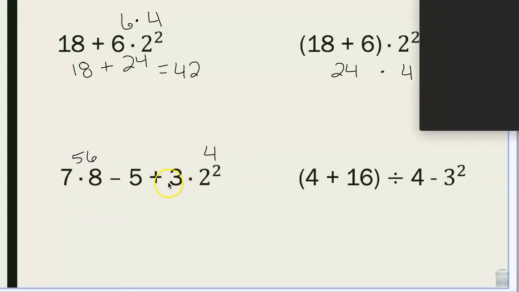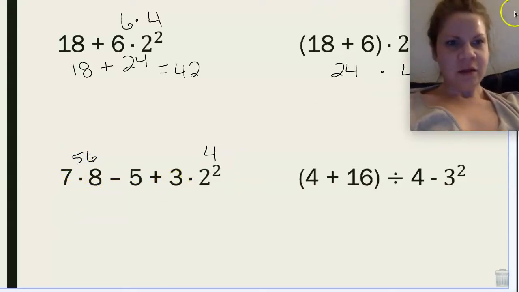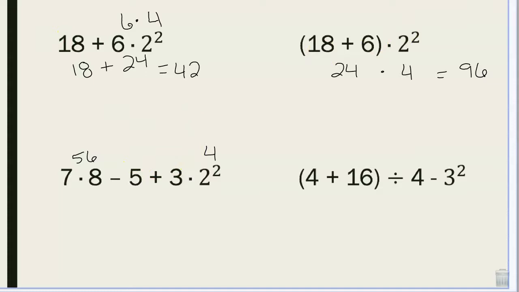And then I need to take care of this 3 times 4, which is 12. Then I'm going to take 56 minus 5 plus 12. So 56 minus 5 is 51, and 51 plus 12 is 63.